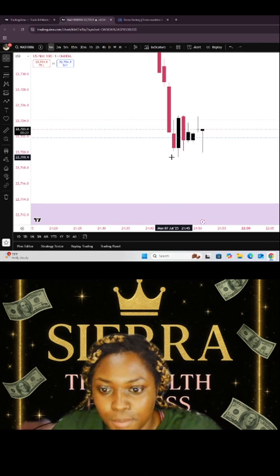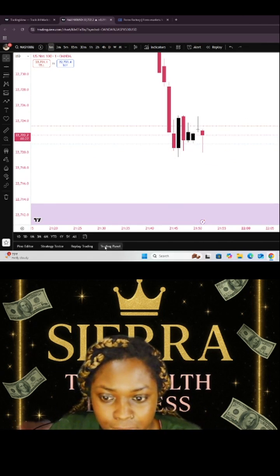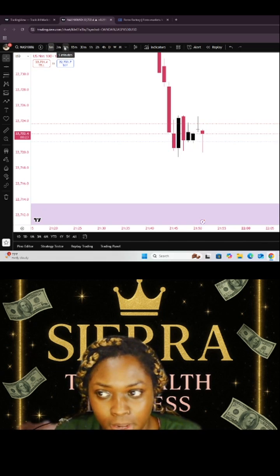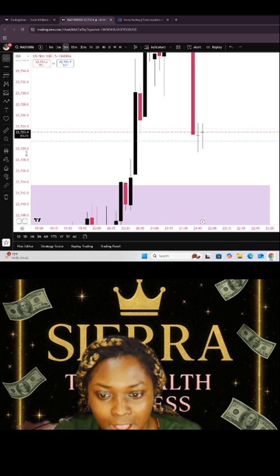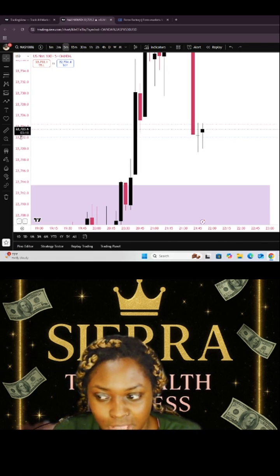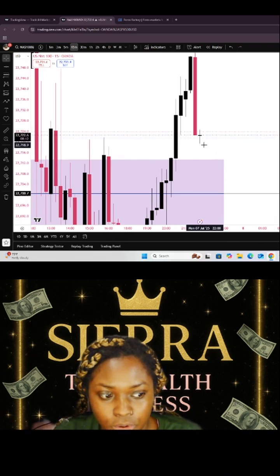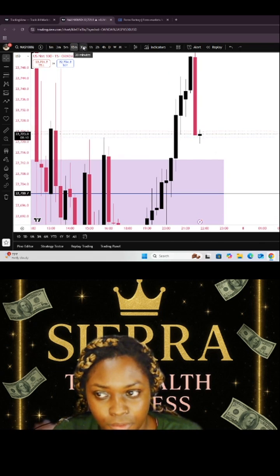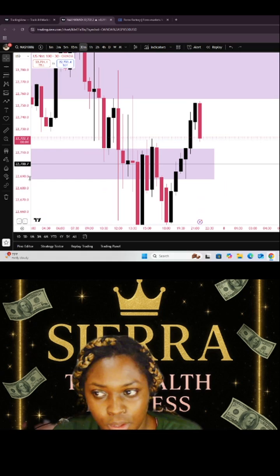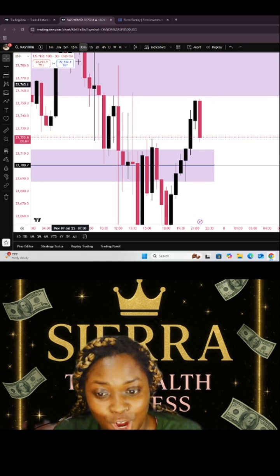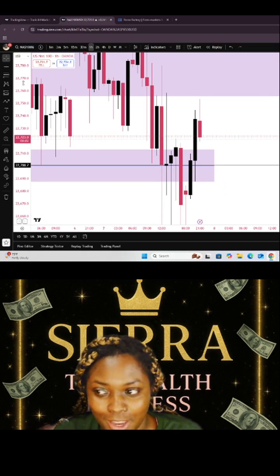move between my 1 minute, my 5 minute, and my 15 minute, right? Because I know that five 1 minute candles make up my 5 minute candle, right? So I still got 3 minutes left in this candle. And then three 5 minute candles make up my 15 minute candle. Okay, two 30 minute candles make up my hourly candle.